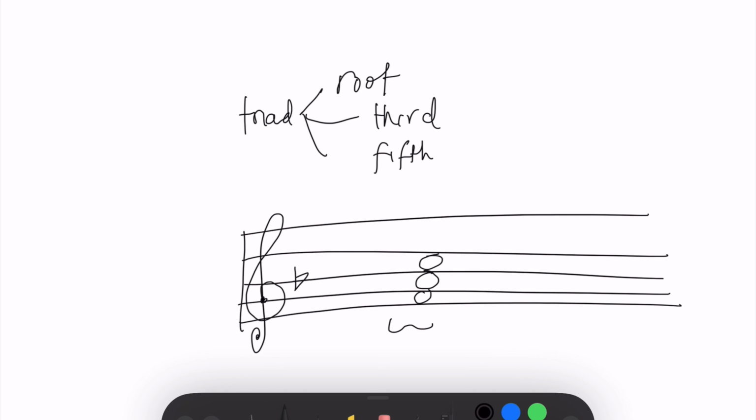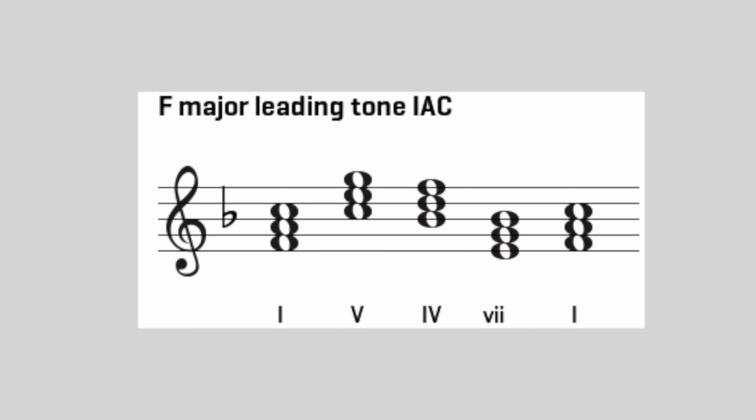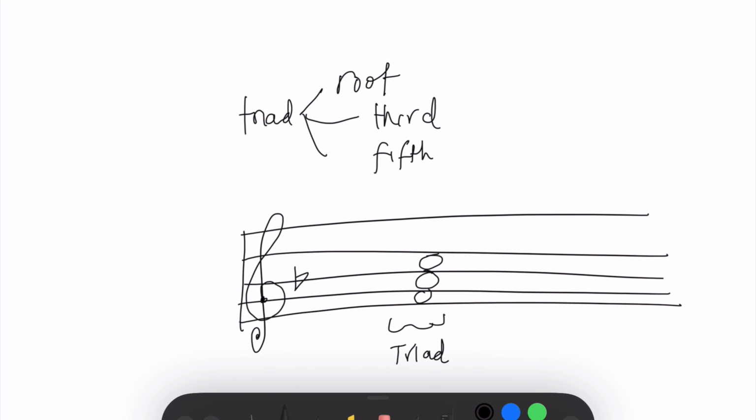This is a triad. This is usually for construction of musical pieces like harmonies for different parts, treble, alto, tenor, if you know about these things, or this is how the harmony is put together using triads.